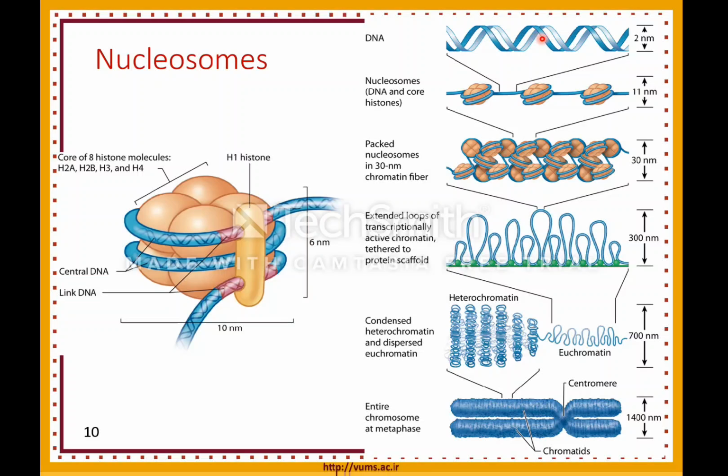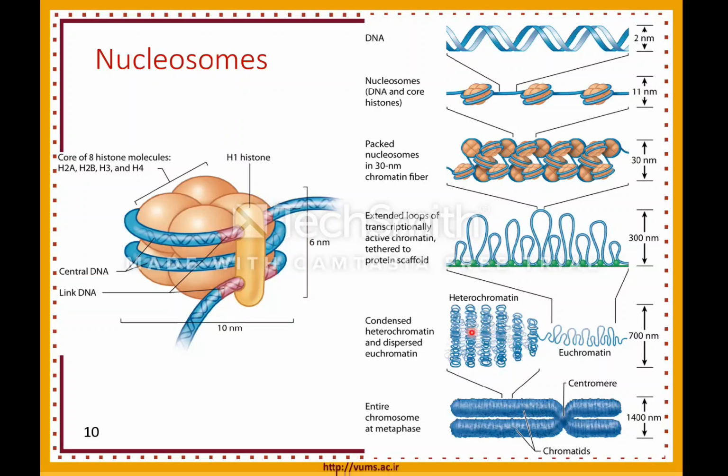If we look ultrastructurally, we can see that the DNA includes some nucleosomes, and these nucleosomes include the DNA chain and also the core histones, which are these 4 histones. A high number of nucleosomes packed together form the chromatin fibers. Finally, they extend some loops transcriptionally and form the chromatin.